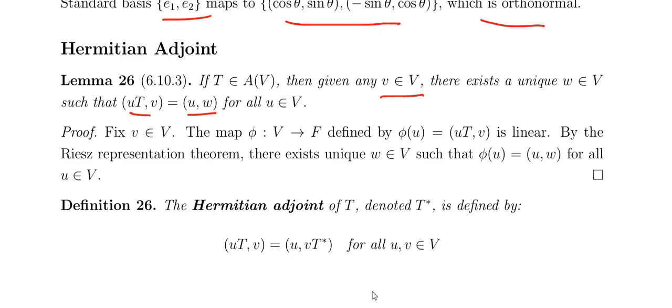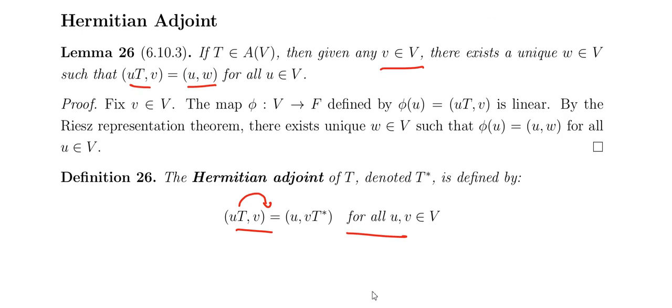So (uT, v) equals (u, vT star), with T on the other side. Then T star is called the Hermitian adjoint of T.